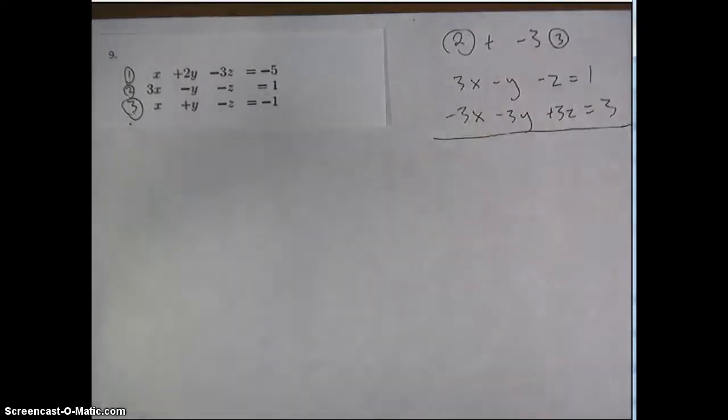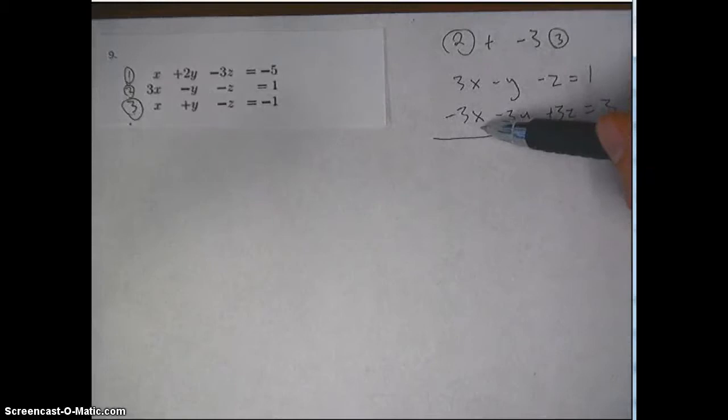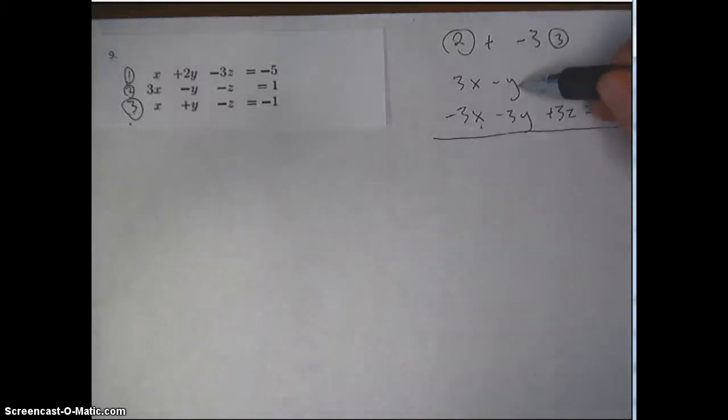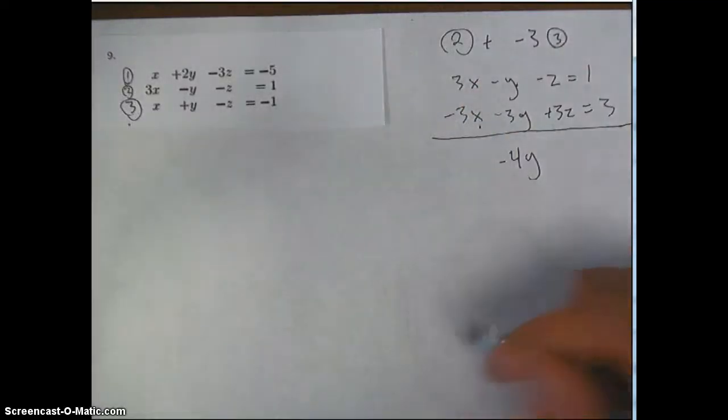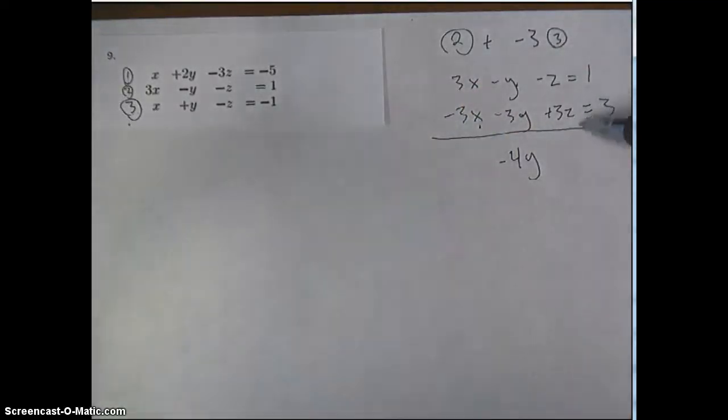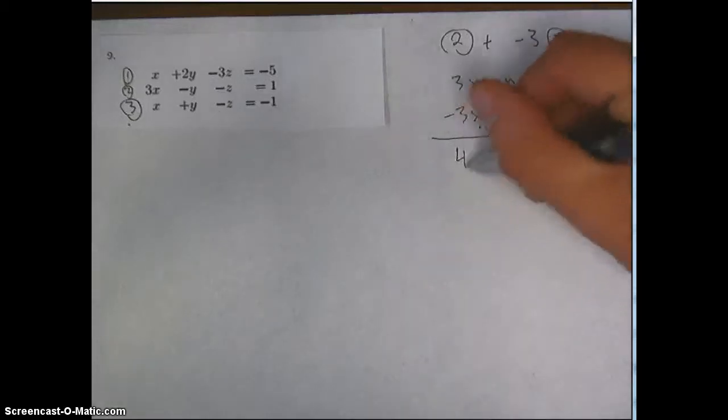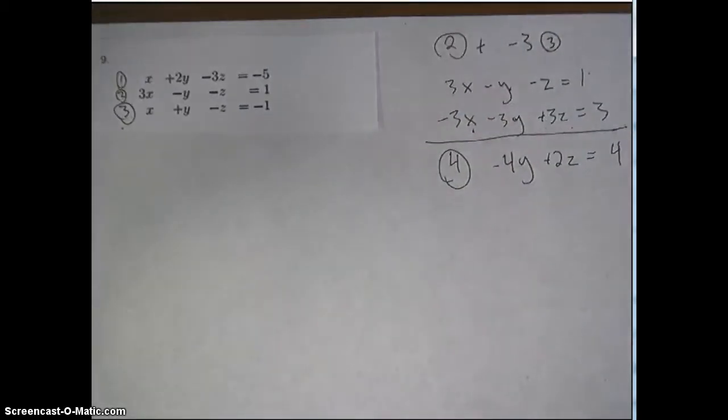I'm going to add them up. 3x plus -3x is just 0. -y plus -3y is -4y. And then -z plus 3z is +2z. And that equals 1 plus 3, which is 4. I'm going to call that equation number 4. I'll write a little 4 next to it.